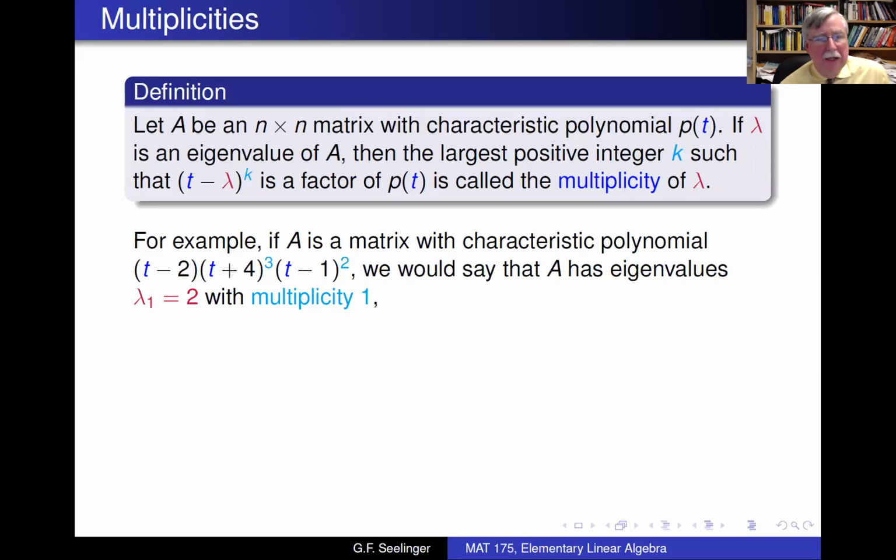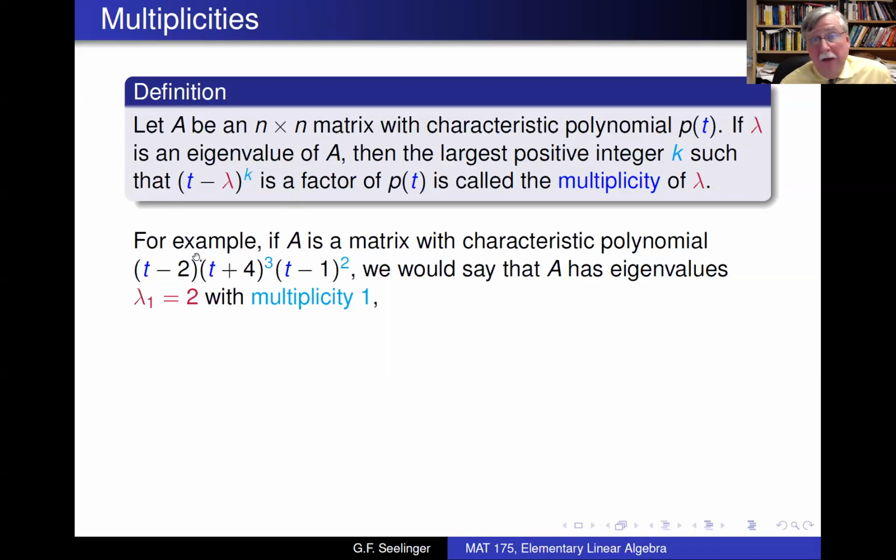So for example, if I happen to have a characteristic polynomial (t minus 2)(t plus 4) to the third, (t minus 1) squared, we would also say that A has eigenvalues. The eigenvalue corresponding to this factor is 2.